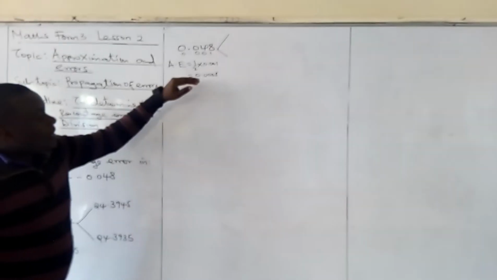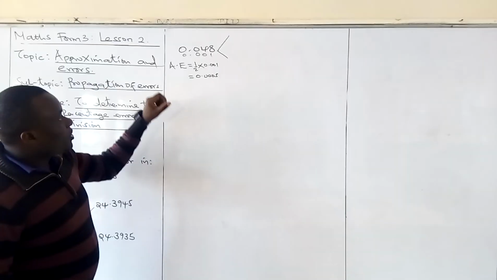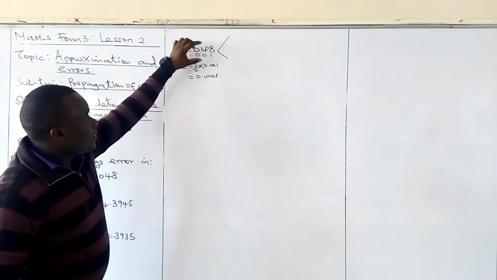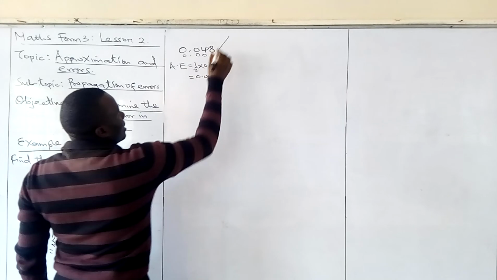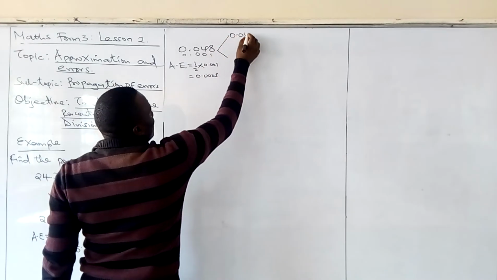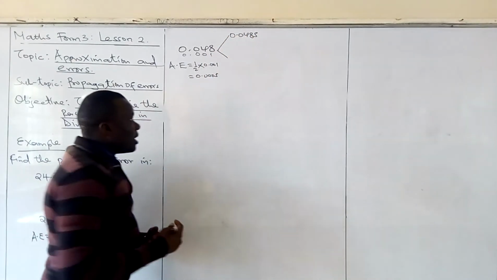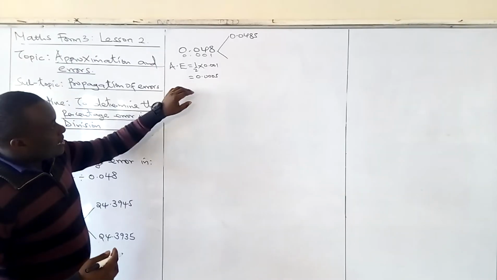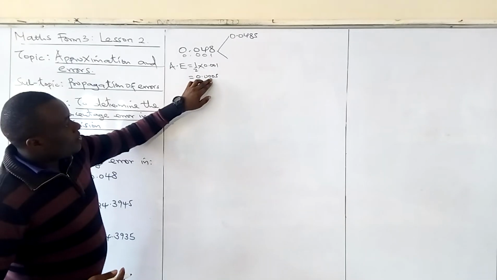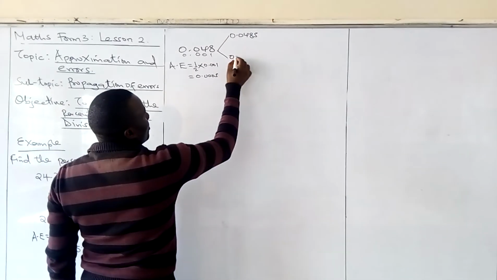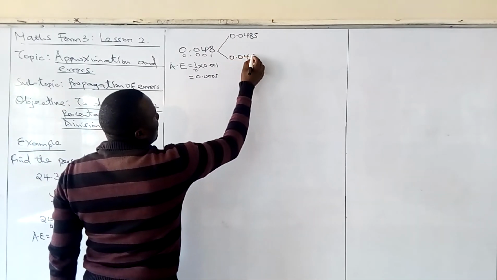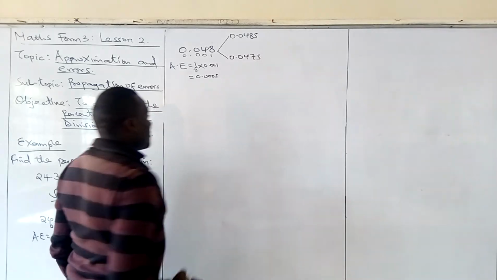That becomes our absolute error, which we add to 0.048 to get the upper limit, 0.0485. For the lower limit, we subtract 0.0005 from 0.048 and get 0.0475.